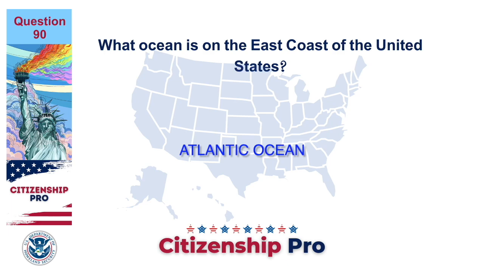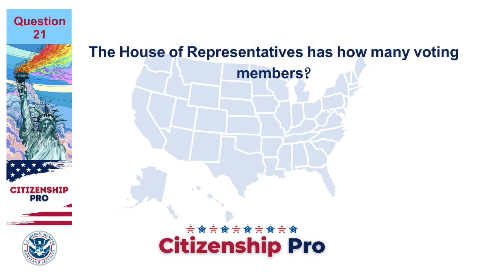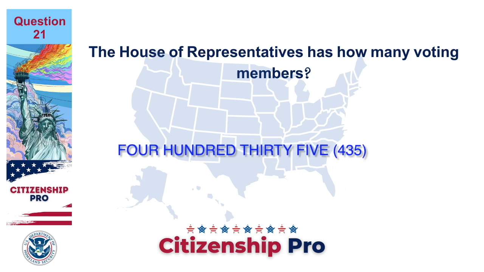Atlantic Ocean. The House of Representatives has how many voting members? 435.